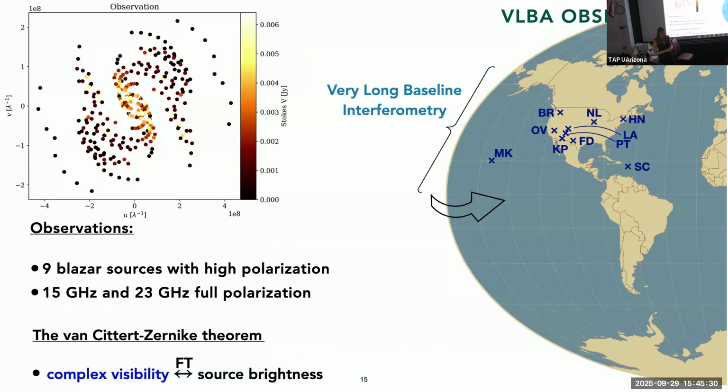As part of the VLBA, you have the antenna here, Kitt Peak. And I used the VLBA to conduct observations myself. So I had a set of 9 sources that I observed at 2 frequencies, 15 and 23 gigahertz, in full polarization. I then analyzed the data.